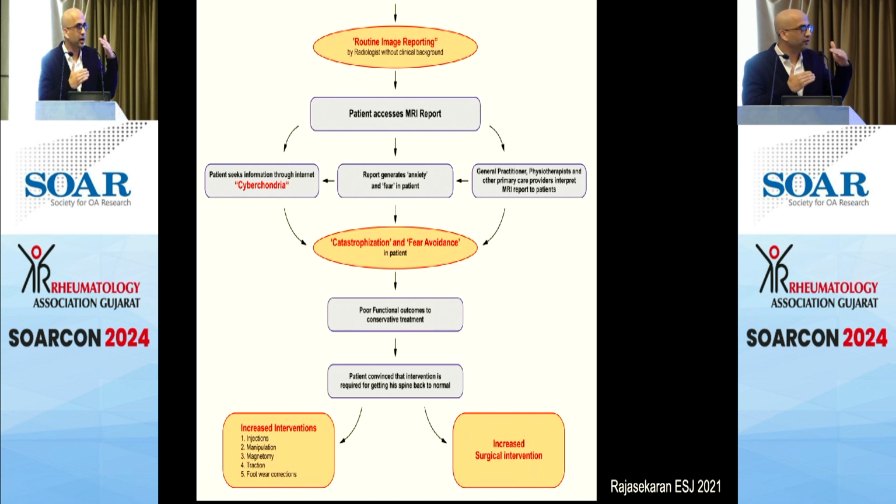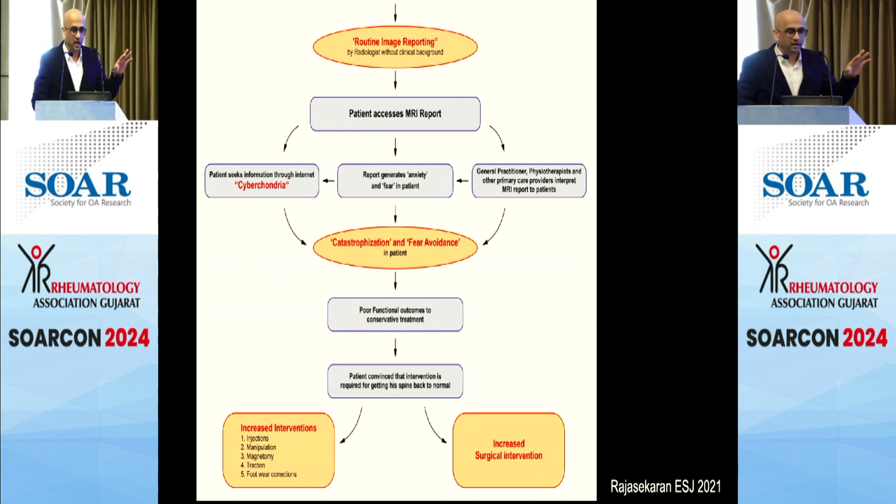That kind of thing has a poor outcome in terms of treatment, and such patients can easily get convinced for intervention by some unscrupulous, you can call surgeons only, let's blame the surgeons, because they are very happy operating on them and doing some interventions, and then you have a failed back syndrome, and then everything goes south from there.